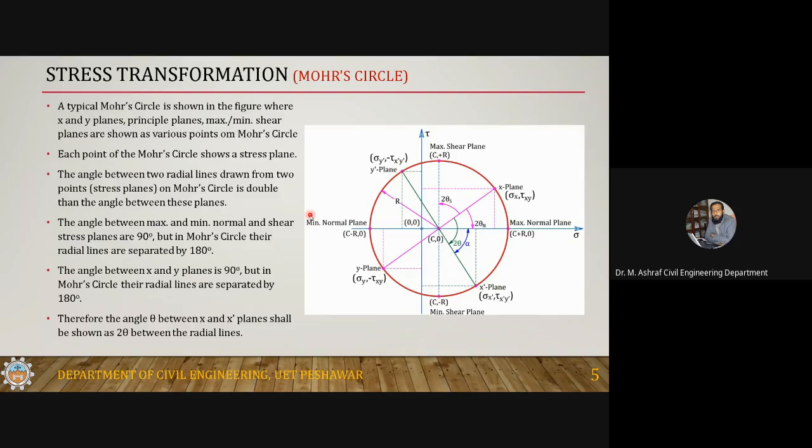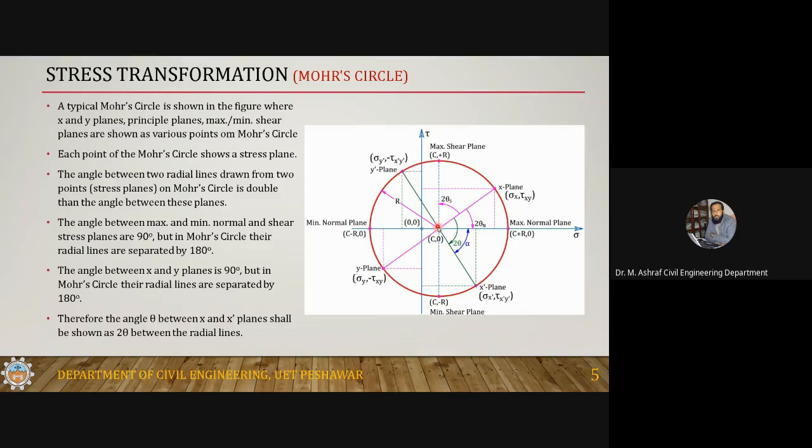Okay, so you locate the center point according to the scale. The center point of the circle has coordinate (C, 0), because you are not moving in the tau direction, the y direction. So this coordinate is 0. So you got the center.